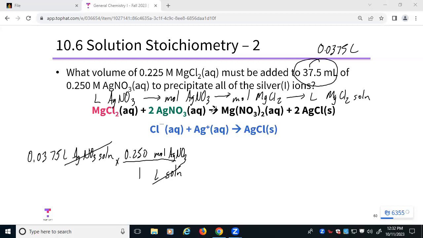My next step is to convert the moles of silver nitrate into moles of magnesium chloride. So moles of silver nitrate to moles of magnesium chloride. Here I'm following the balanced chemical equation. 1 magnesium chloride for 2 silver nitrates. My moles of silver nitrate cancel.